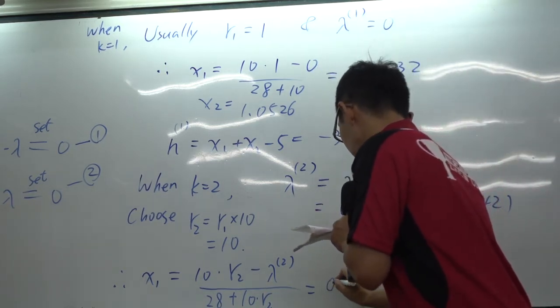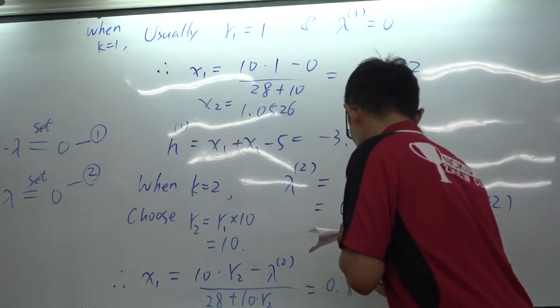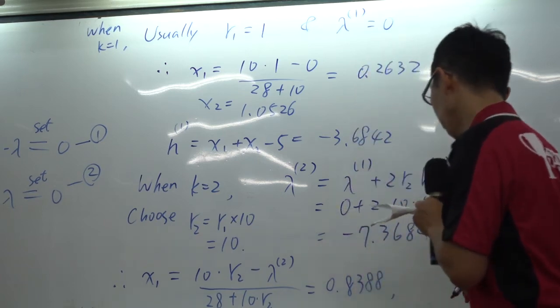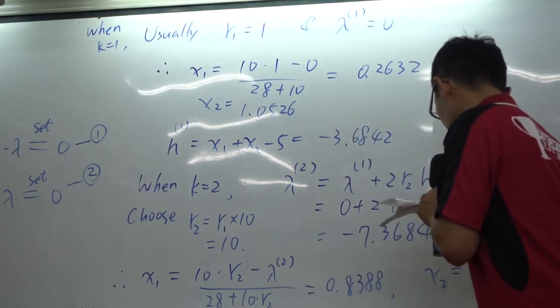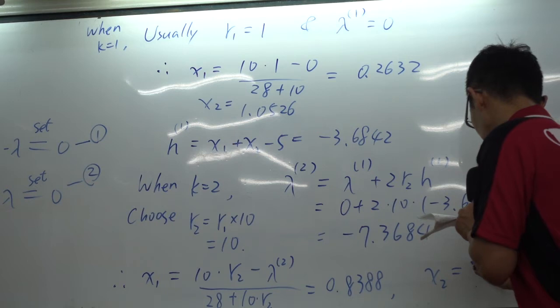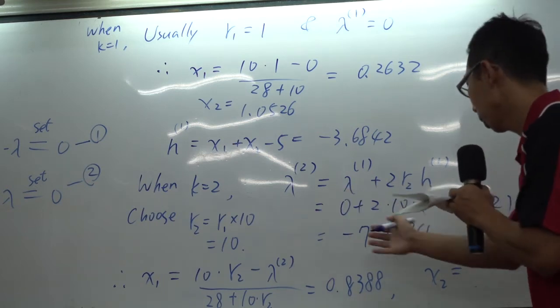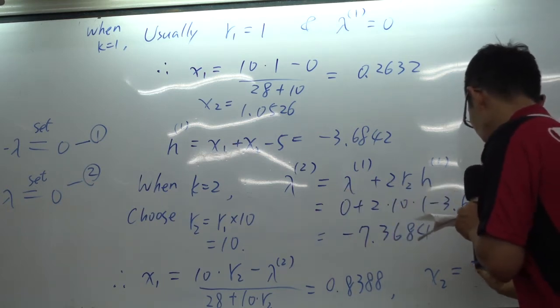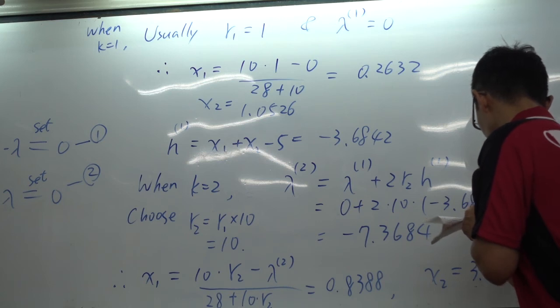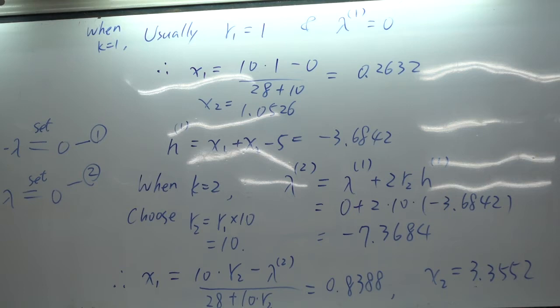So it is 0.A388, okay? And x2 can be calculated very quickly because it's just 4 times that. Okay, so that's the end of the second iteration.